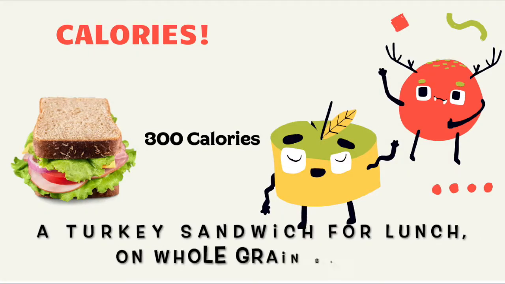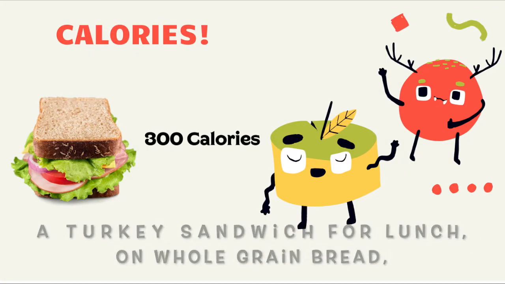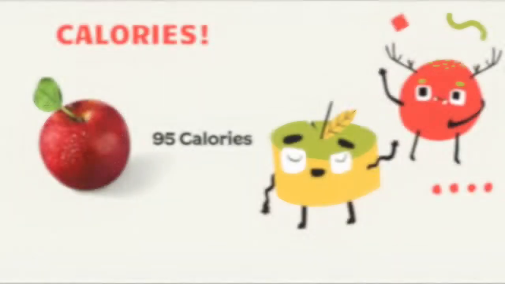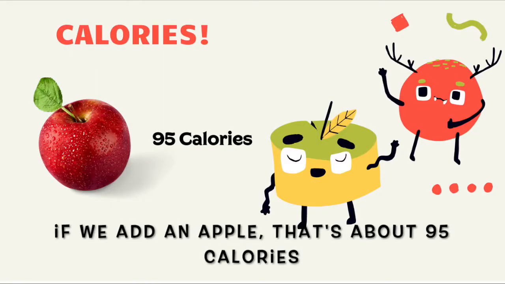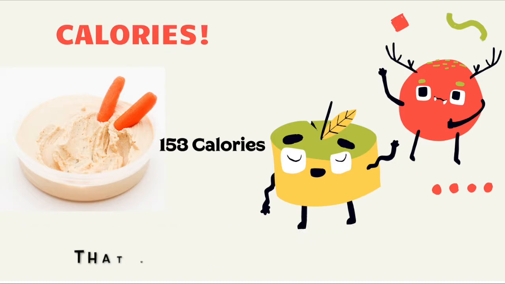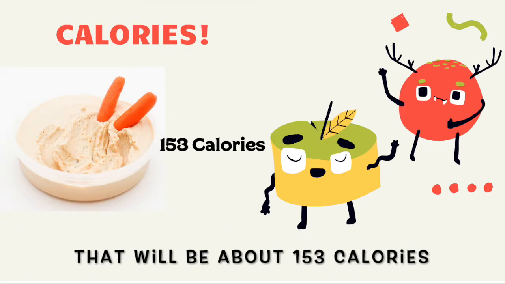A turkey sandwich for lunch on whole grain bread can be roughly 300 calories. If we add an apple, that's about 95 calories. And what about carrots with some hummus? That'll be about 153 calories.